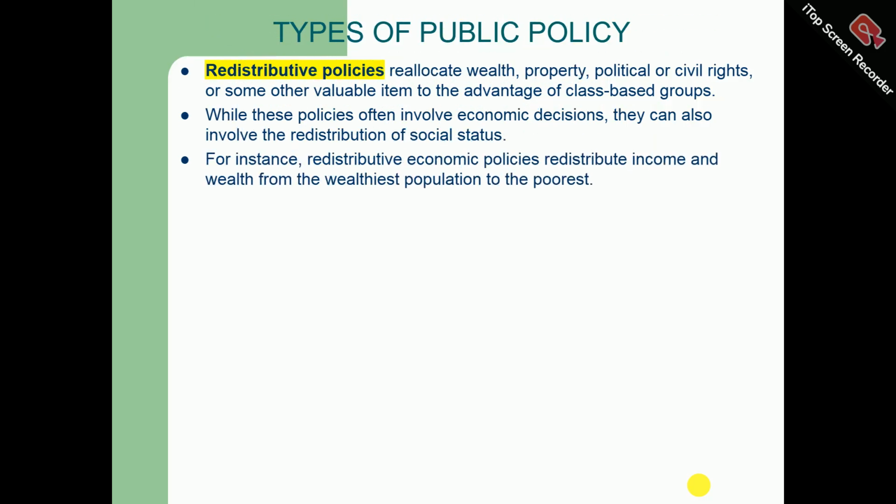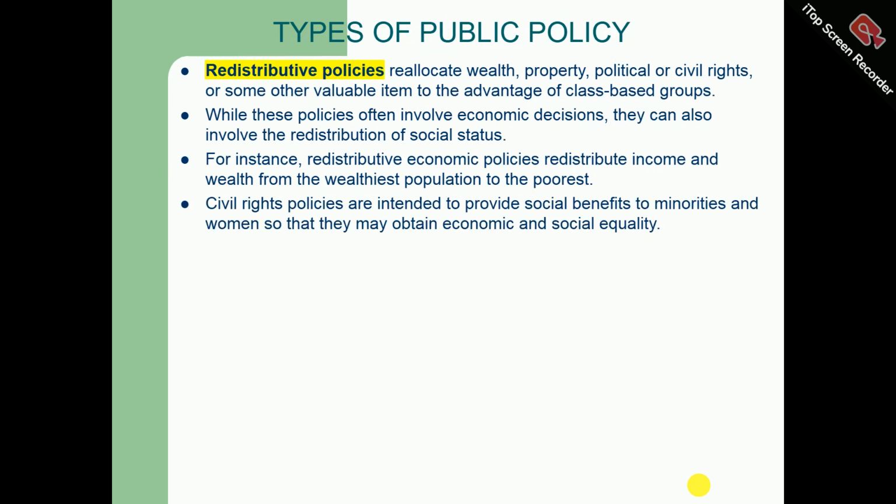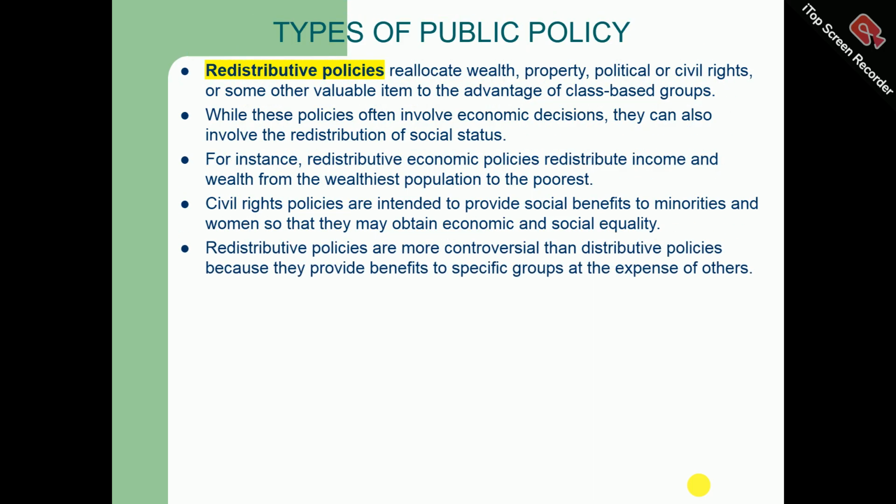For example, redistributive economic policies redistribute income and wealth from the wealthiest population to the poorest group of the population. Civil rights policies are intended to provide social benefits to minorities and women so that they may obtain economic and social equality. Redistributive policies are more controversial than distributive policies because they provide benefits to specific groups at the expense of others.